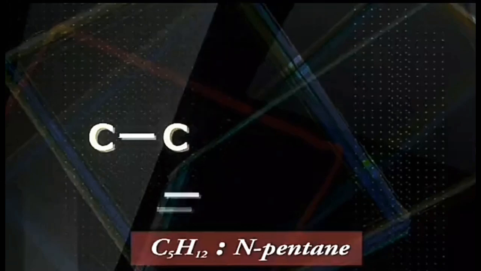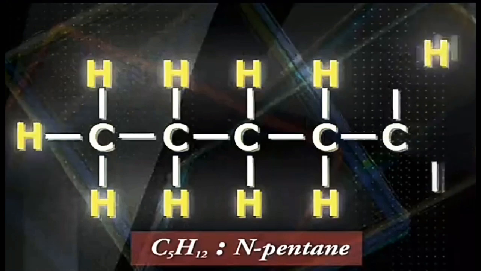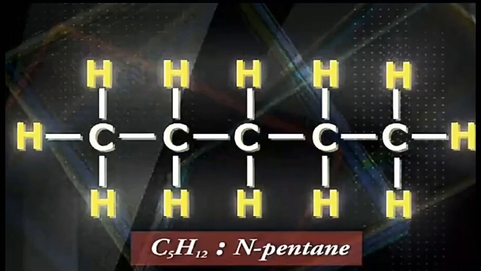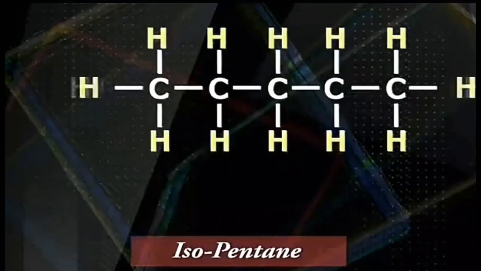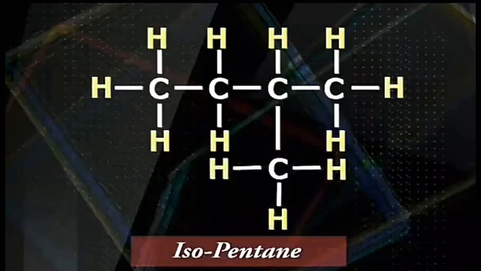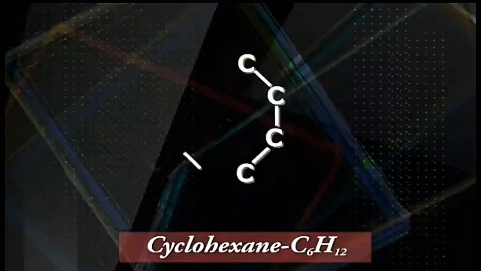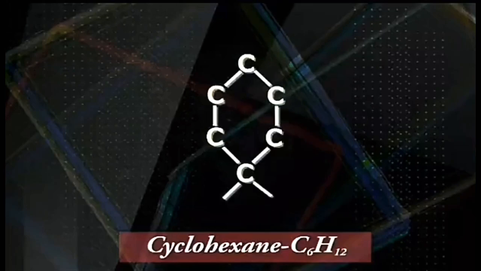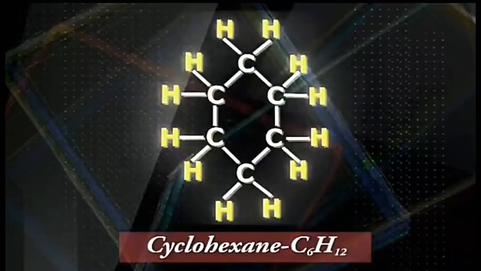For example, in n-pentane form of pentane, carbon atoms are arranged in straight chains, while isopentane or 2-methylbutane is a branched hydrocarbon. In addition to straight and branched carbon chains, some compounds have carbon atoms arranged in the form of a ring, that is cyclohexane, C6H12.